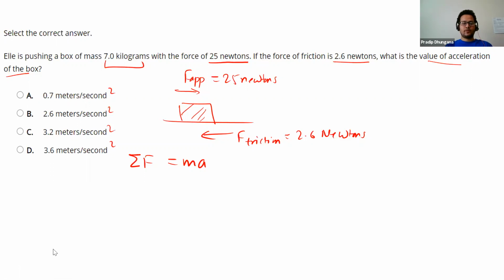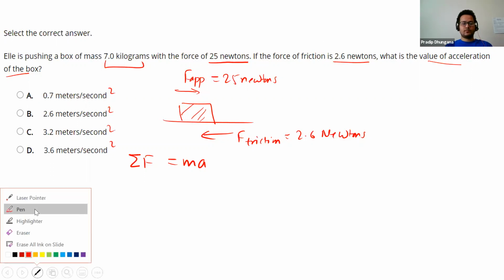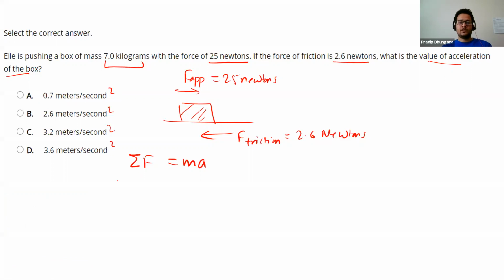Okay, thank you everybody for the participation. Net force is 25 minus 2.6, that is applied force minus frictional force. Mass is 7, and acceleration we have to calculate. 25 minus 2.6 is 22.4 newtons, and that is 7 times acceleration.